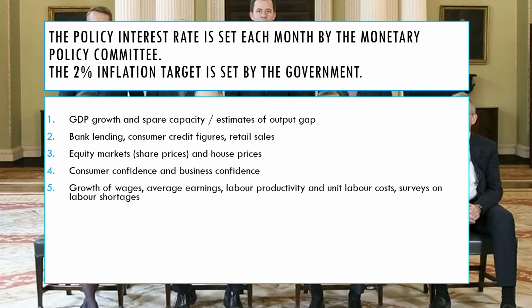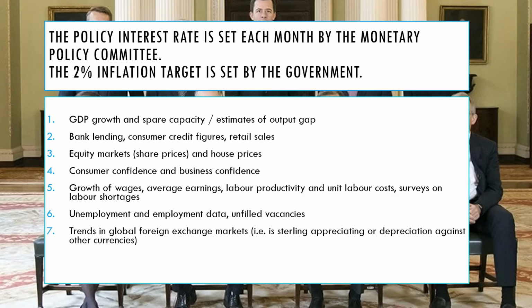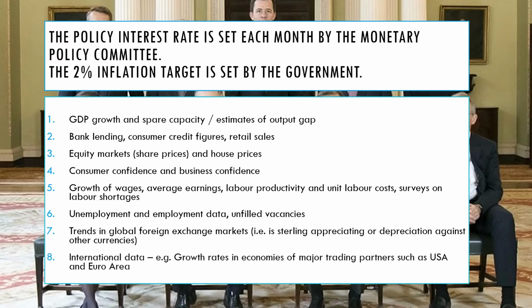They will look at the growth in wages, average earnings, productivity, unit labour costs, and surveys on labour shortages and unemployment. They will look at unemployment data and the level of unfilled vacancies. They'll look at trends in foreign exchange markets and what's happening with the currency.